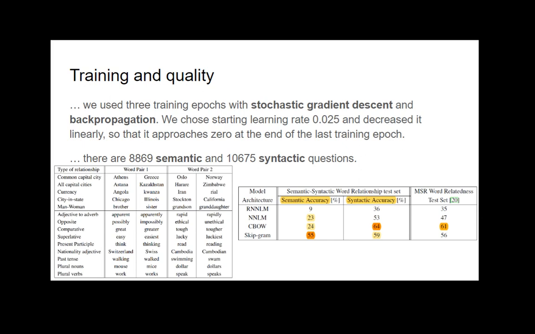Meaning that their target was actually to infer this kind of vector algebra. And what is interesting is that all the data sets mentioned here, like the new data set they proposed in the paper, the MSR data set, and also the WordSimilarity-353, are all data sets inspired by Google.